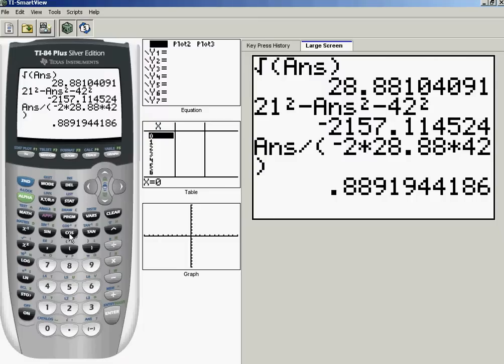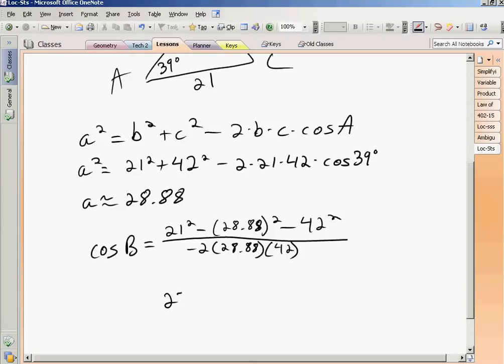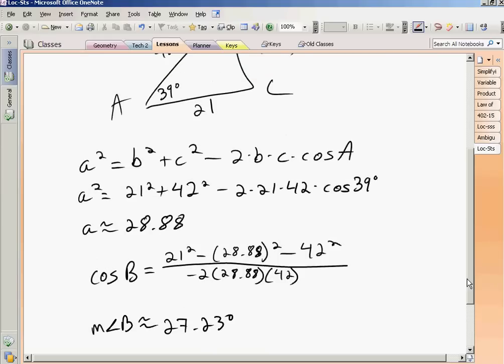Now I want to evaluate the arc cosine function. I know the ratio, and I want to know the angle. So angle B is about 27.23 degrees. I'll fill it in up here.